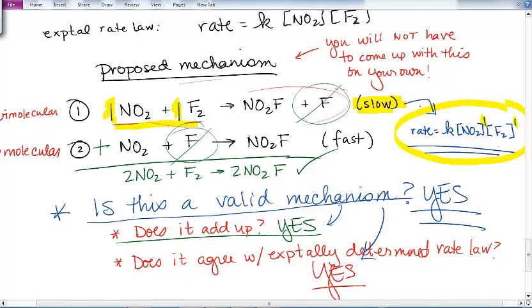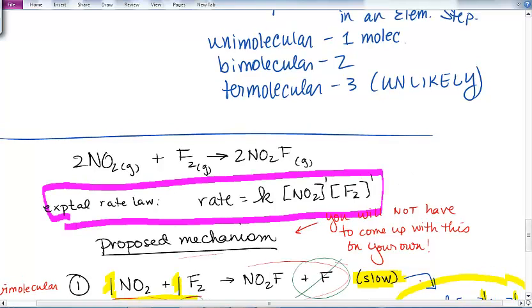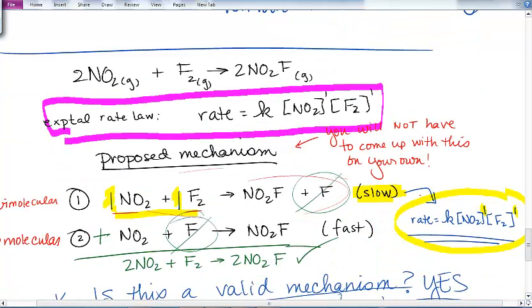Well, this rate law right here, I wrote directly from this step, which I chose because it's the slow step. The experimentally determined rate law I had given you originally. So I just literally looked, hey, does that match what I was given originally?